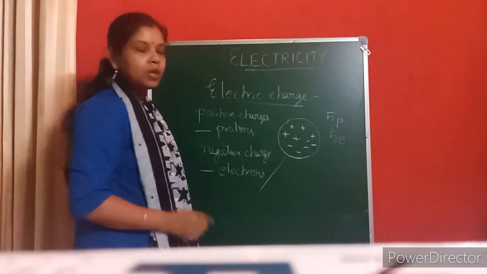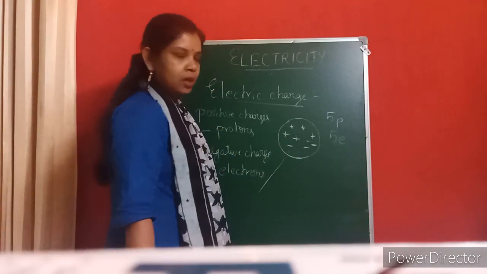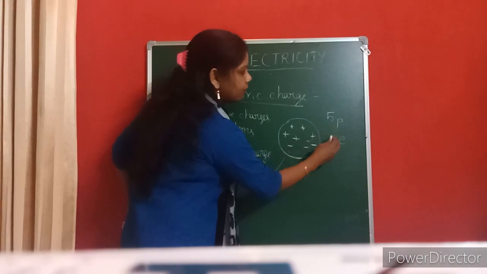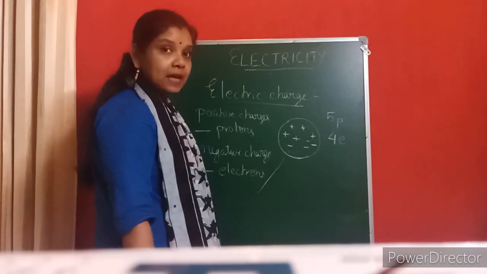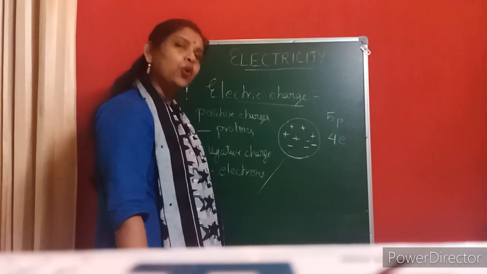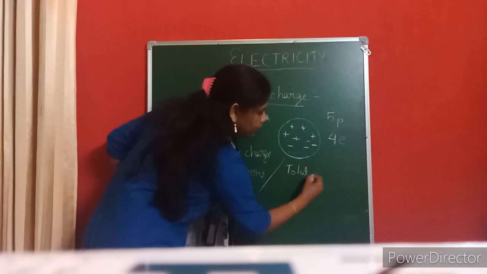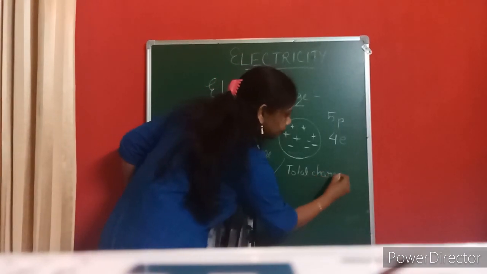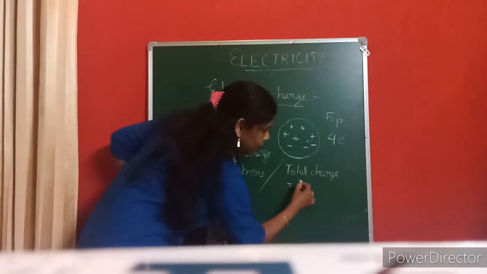Now what have I done? I have removed one negative charge. Means what is the charge now? This has become 4. Electrons are 4, protons are 5. What is the total charge then? Total charge will be equal to, how many protons are there? 5.